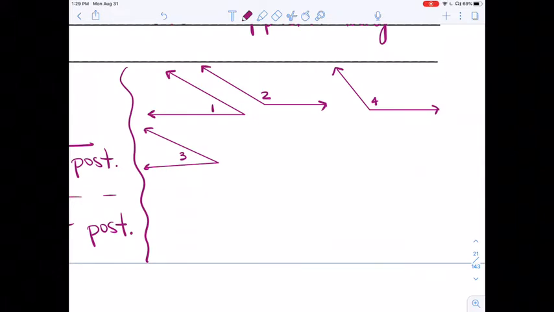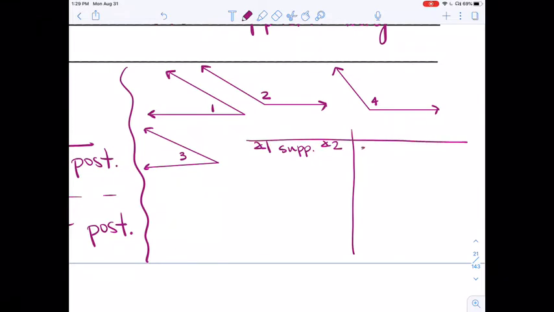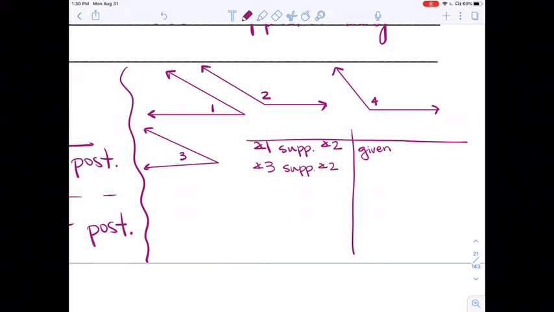One thing that we could say is that if we know angle 1 is supplementary to angle 2, okay, maybe that's given. And maybe we know that angle 3 is also supplementary to angle 2 because that is given.